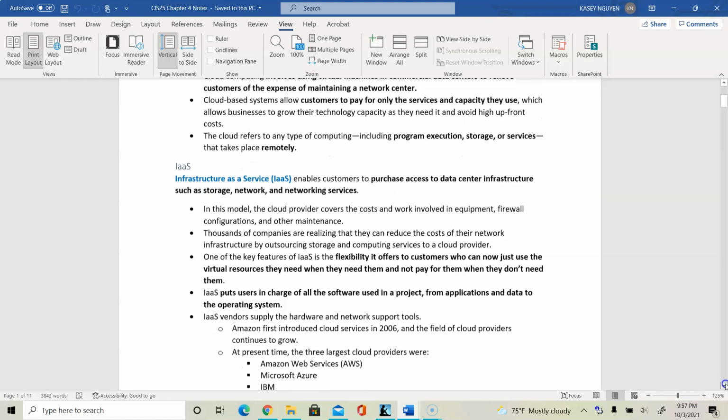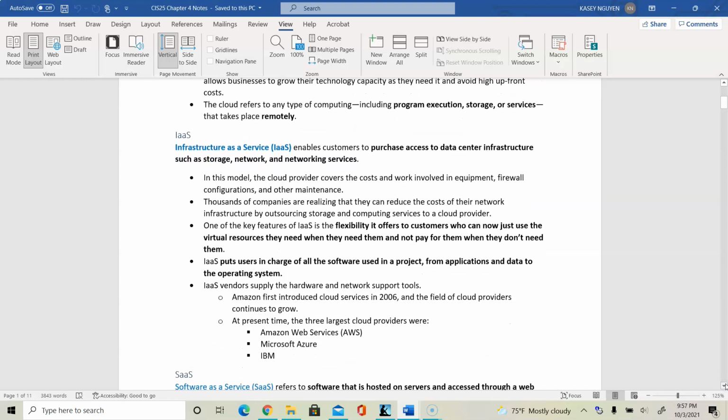And so when you do infrastructure as a service, you can take a look at different products such as AWS, which stands for Amazon Web Services, Microsoft Azure, IBM, and you do have some products coming from Google and other companies, but those are the three main ones that you see in the market.